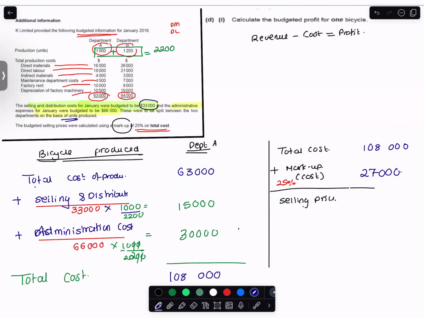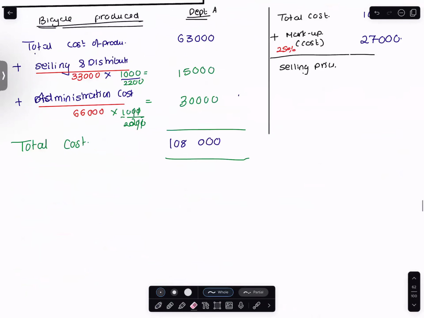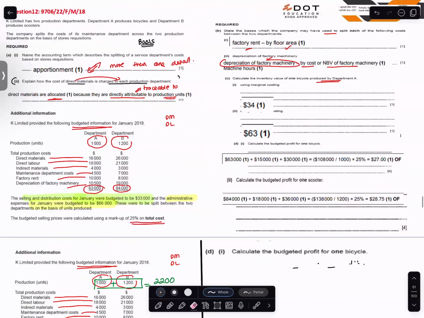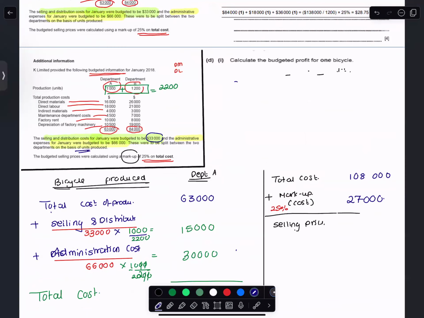27,000. So 27,000 is the profit on how many bicycles? On one bicycle? So 27,000 is the profit on 1,000 bicycles, so we divide it.